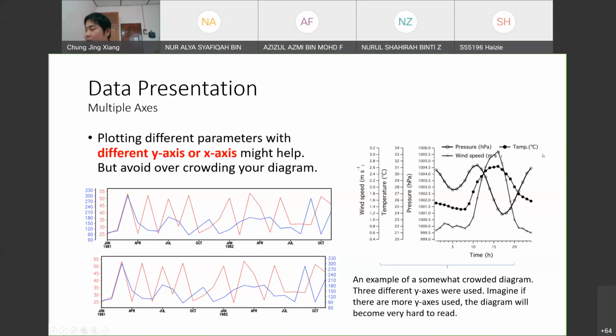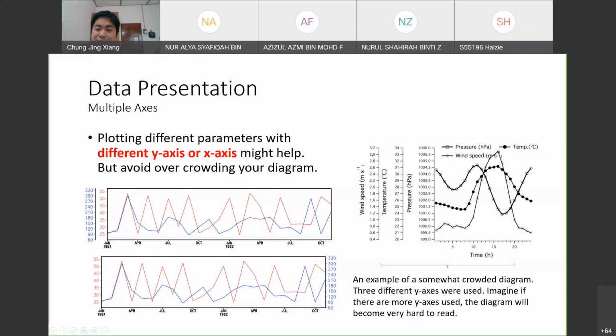Which one is actually temperature? When you look at this black dot, you want to look at the scale, so you have to go here. But when you want to look at wind speed, the wind speed is the star, so you have to look over, skip one axis, two axes, and go to the third axis.